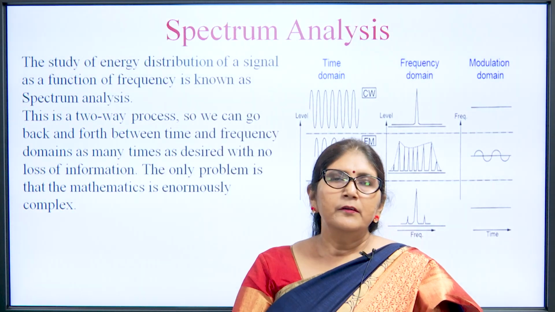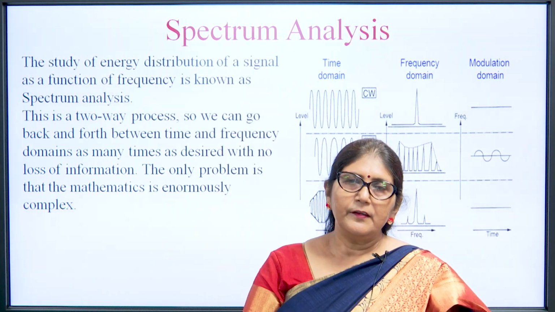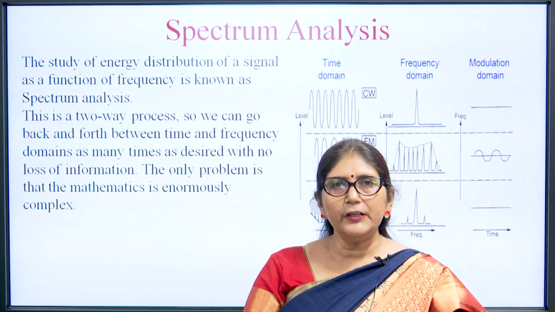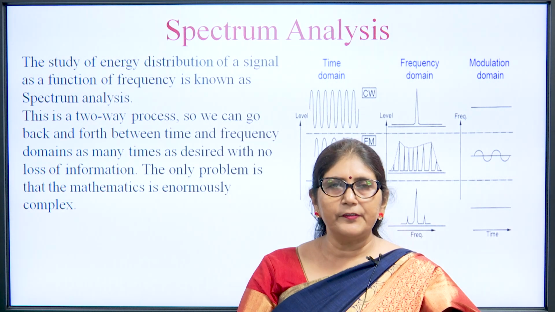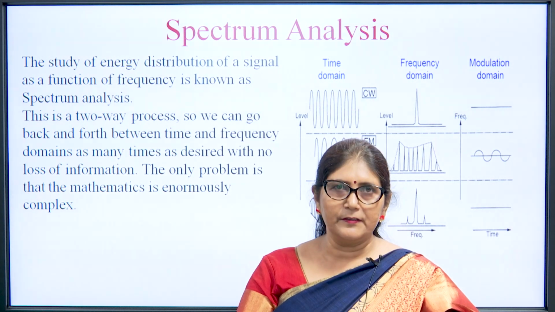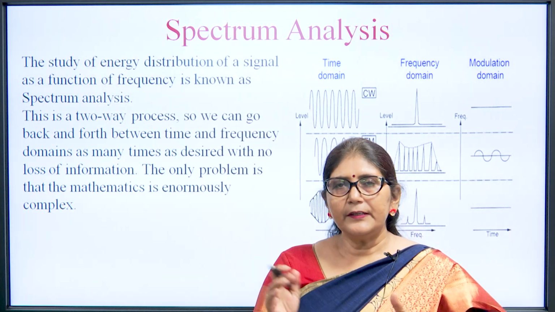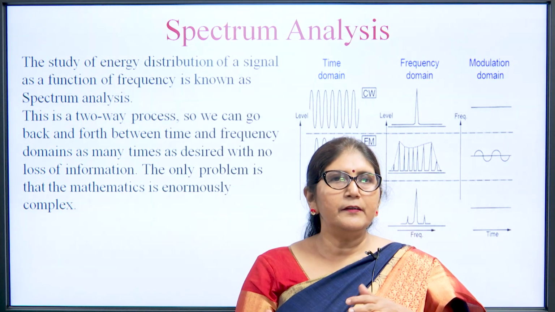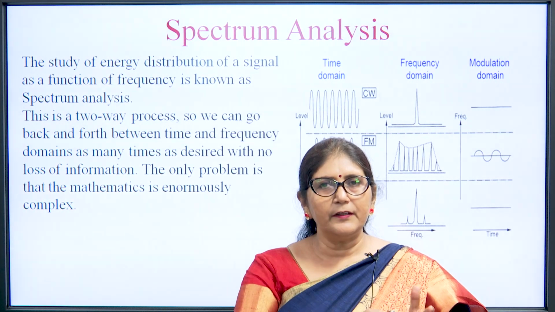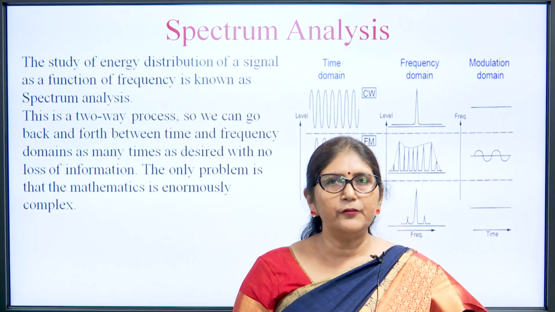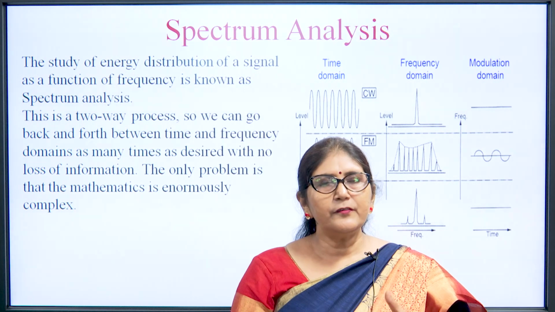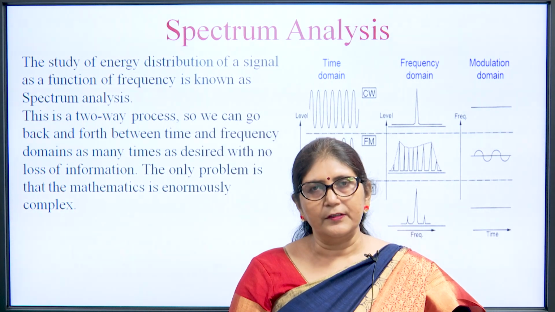So, what is spectrum analysis? Spectrum analysis is the study of energy distribution of a signal as a function of frequency. We can change a time domain signal into the frequency domain, and the frequency domain into the time domain, just by applying mathematical derivations.